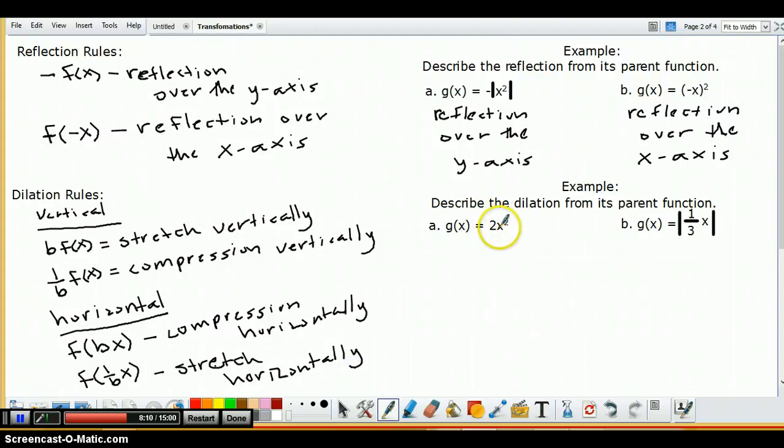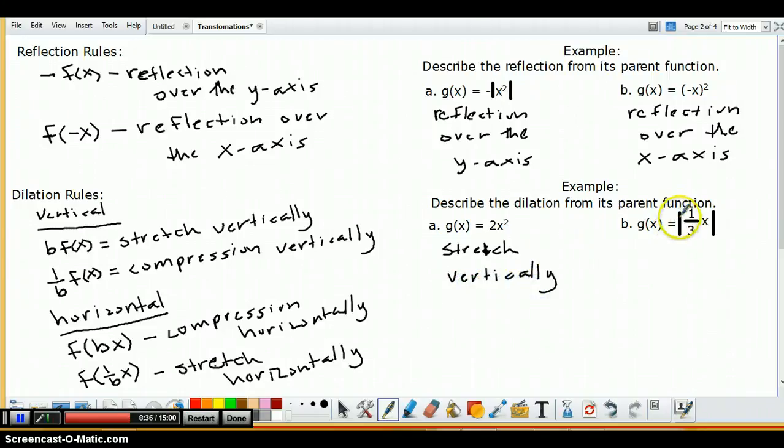All right, so if we look here, 2x squared, that's outside. There's no parentheses here, so it's considered outside. It's not a fraction, and b is greater than 1, so it is a stretch vertically.